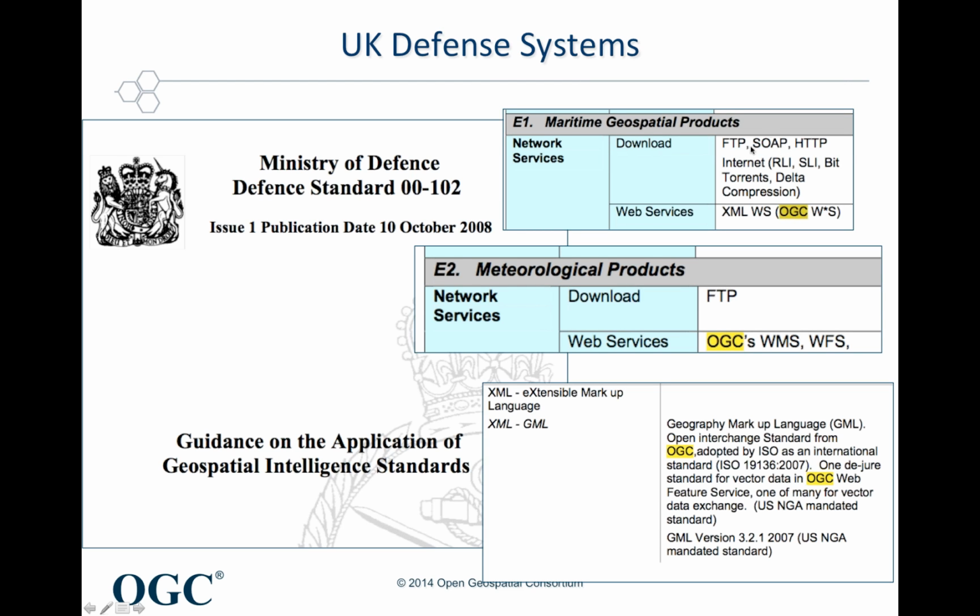They talk about protocols like FTP, SOAP, HTTP, but also mention web services, OGC star S, which means WFS, WMS, WCS, and so on. The same for meteorological products. They mention WMS and WFS, and also GML in the document.